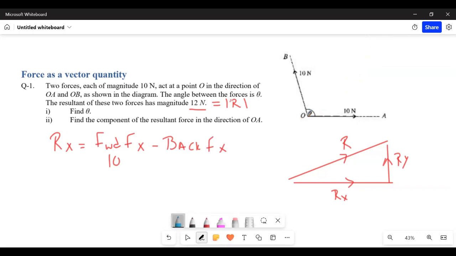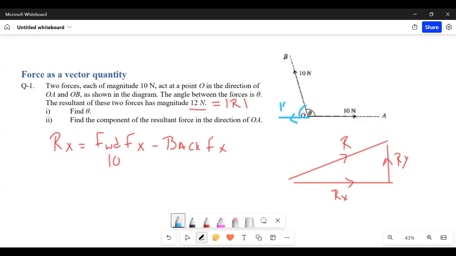I'm going to resolve this 10 Newton into its components. There's going to be a component in this direction, and a component in this direction. For that, we need this angle, which is going to be 180 minus theta.